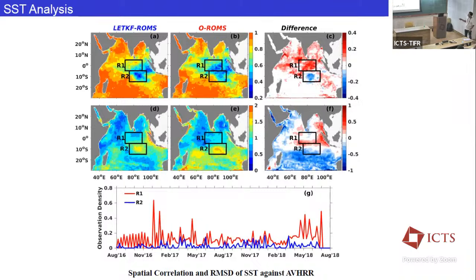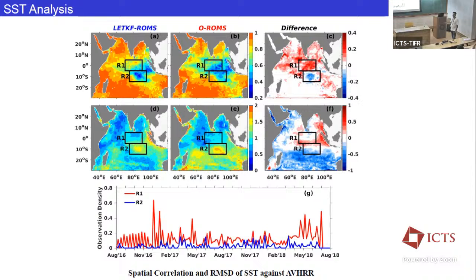But there is a slight patch given by this R2 region where it is negative, where it has, for some reason, deteriorated. The question is, why has it happened so? Why did it not improve here as well?